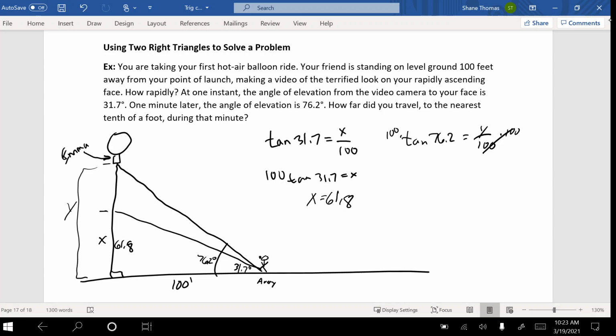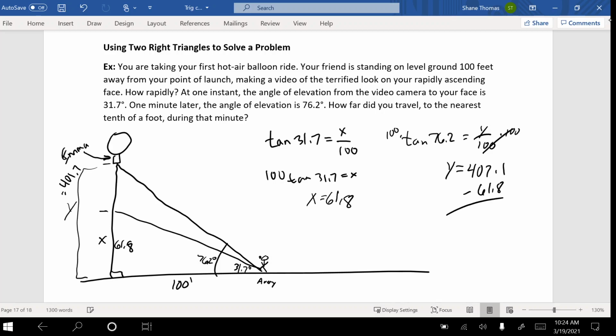What'd you get? You didn't mess up. So 407.1 is what I have. Okay? So at that second point in time, this is 407.1 feet. So we were worried about how far we changed during that 1 minute. So we just got to take 407.1 minus 61.8.